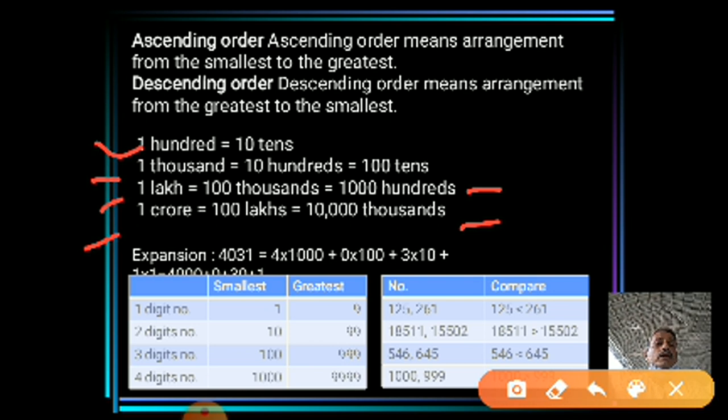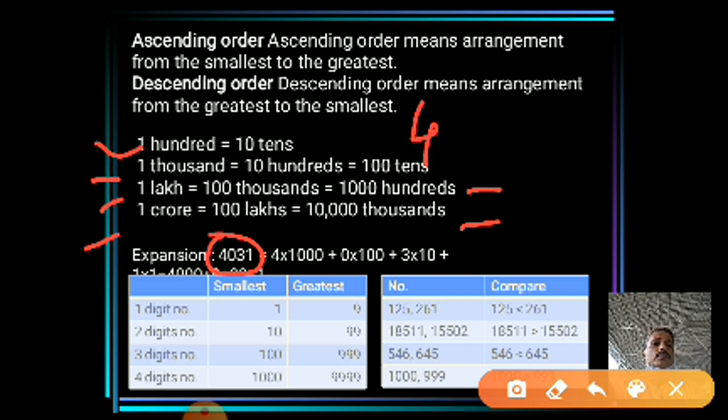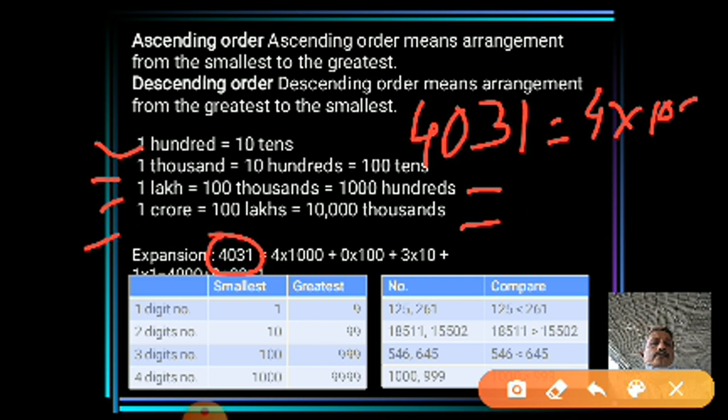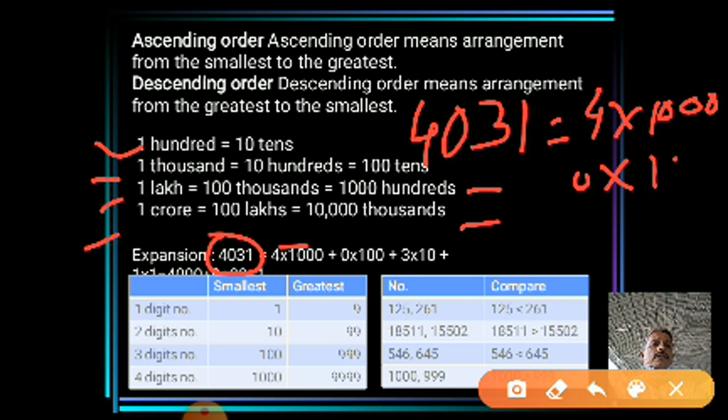Expansion or expanded form of a number. 4031. Let us do it here. Good student, just check out the first number. First number is in the 1000 place, so we can write 4 into 1000. See, it is written here. Now the second number is 0 and the place is 100.